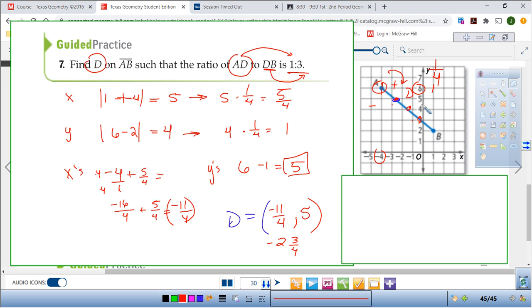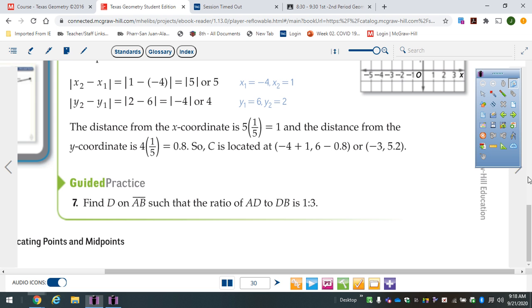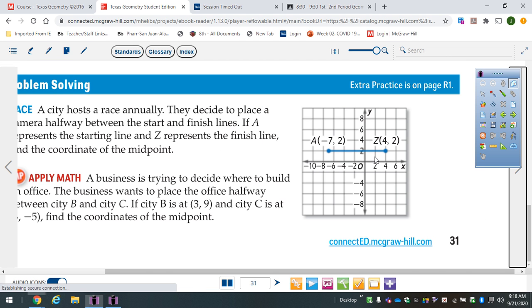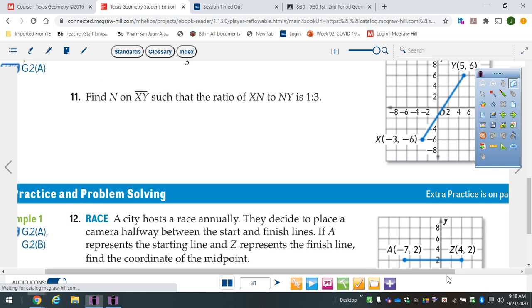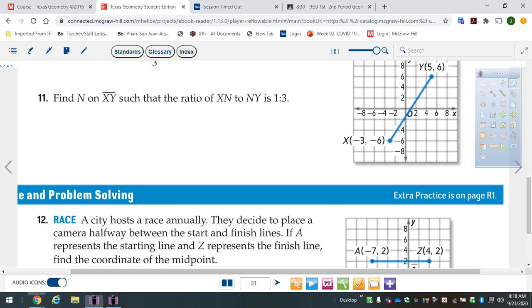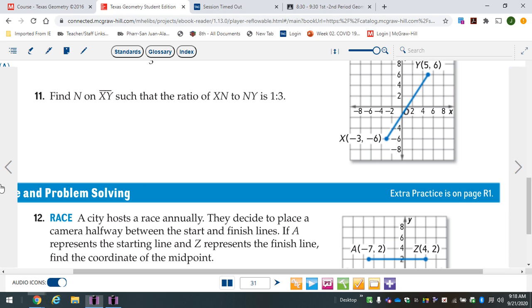Do y'all want to practice one more of these, or what do y'all think? Okay, let's do one more. Let me see which is a good one. Okay, let's try 11 right here.